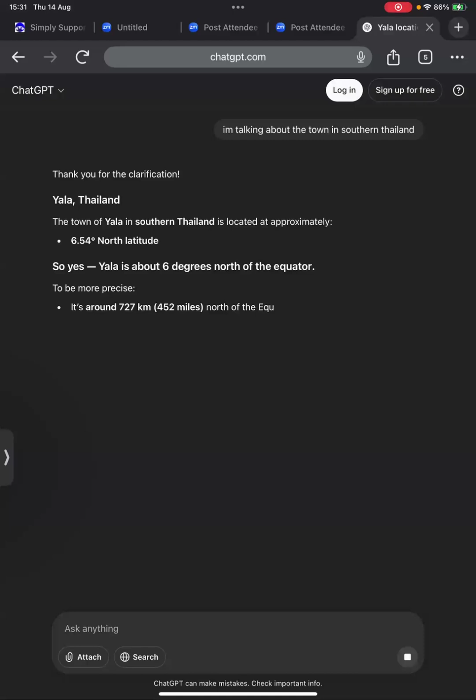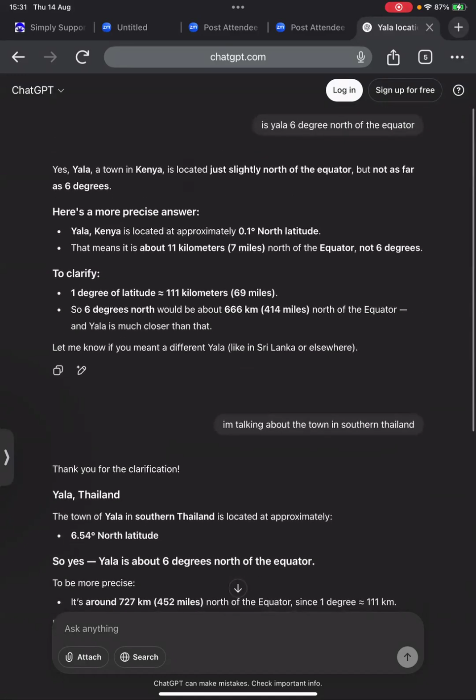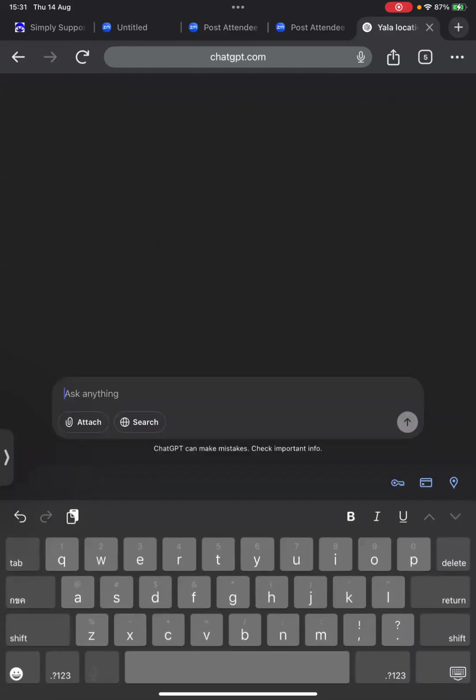Yala in Thailand is located at approximately 6.54. Really? 6.54. That's good. Okay, so 6.54 north latitude. So yes, it's 6 degrees north of the equator. But here's another fact I didn't know. It's quite interesting. Is there a town called Yala in Kenya? Let's ask.